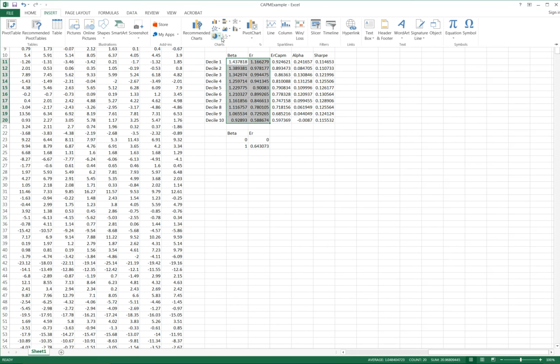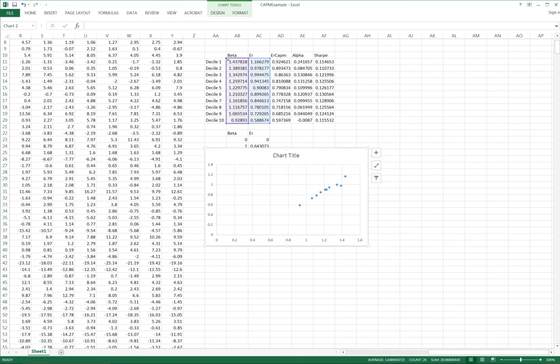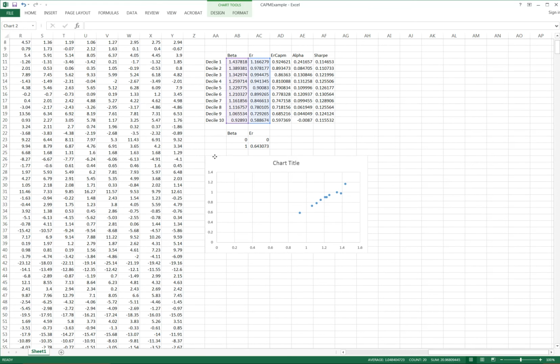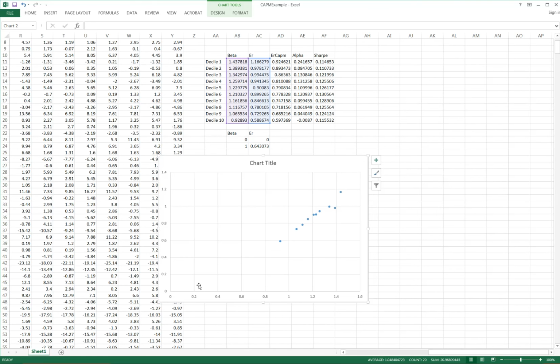And then I can highlight these data, insert a scatter plot, and that gives me a plot of the expected returns that the portfolio has actually earned relative to their market risk, which is beta along this axis here. Now I'll add in the security market line.